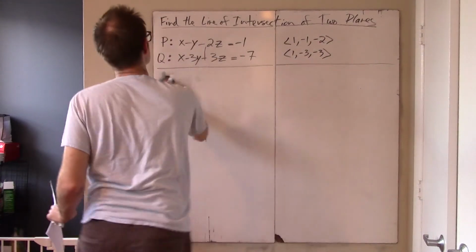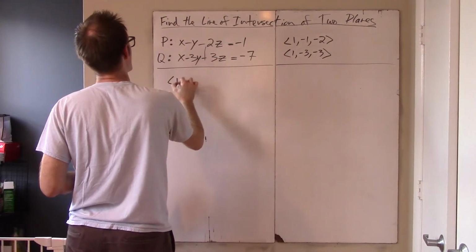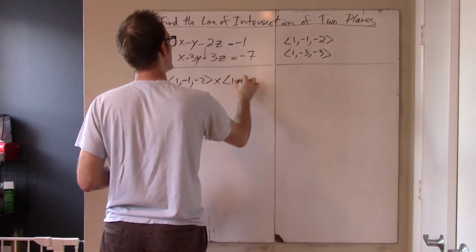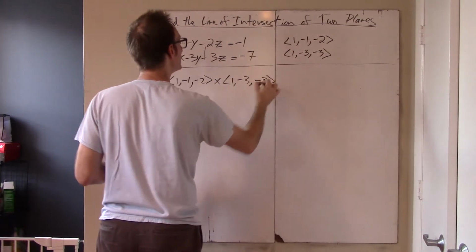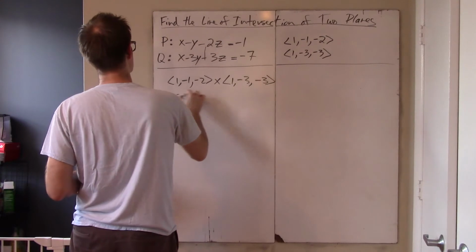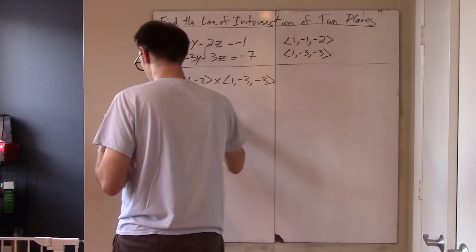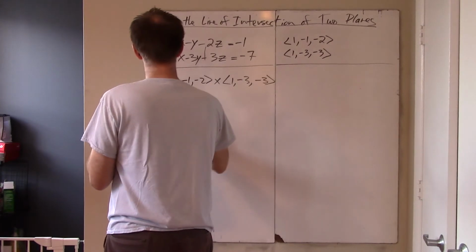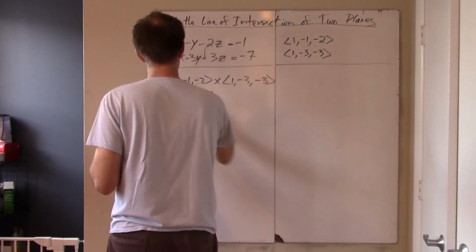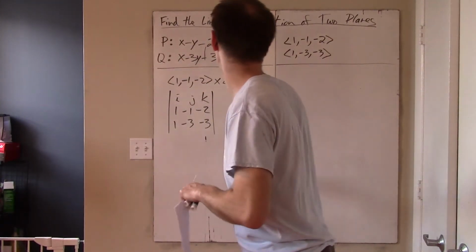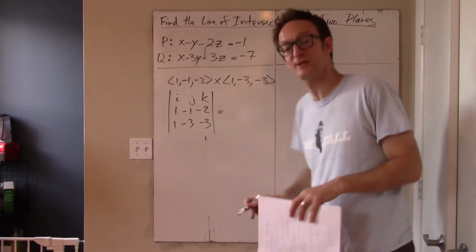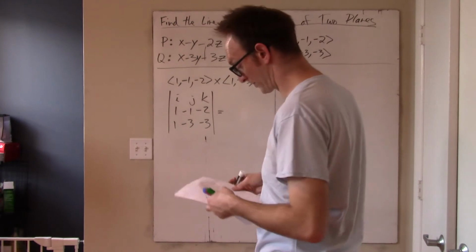Okay, and so I'm just going to do that right now. I now take the cross product, so I want to do 1, -1, -2 cross 1, -3, -3. And i, j, k, 1, -1, -2, 1, -3, -3. This can be computed via that kind of mindless algorithm that you learned last year, which I just reviewed.